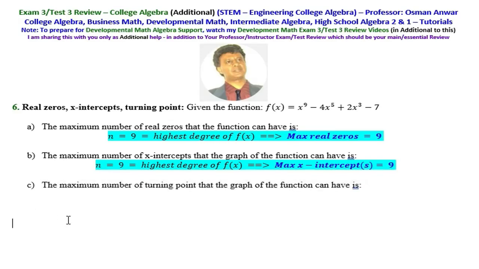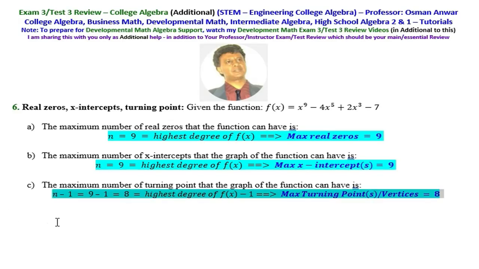C, the maximum number of turning points that the graph of the function can have is n minus 1, which is 9 minus 1, which equals 8. That is the highest degree of f of x minus 1, which is the maximum number of turning points, which are the vertexes. The maximum is 8.